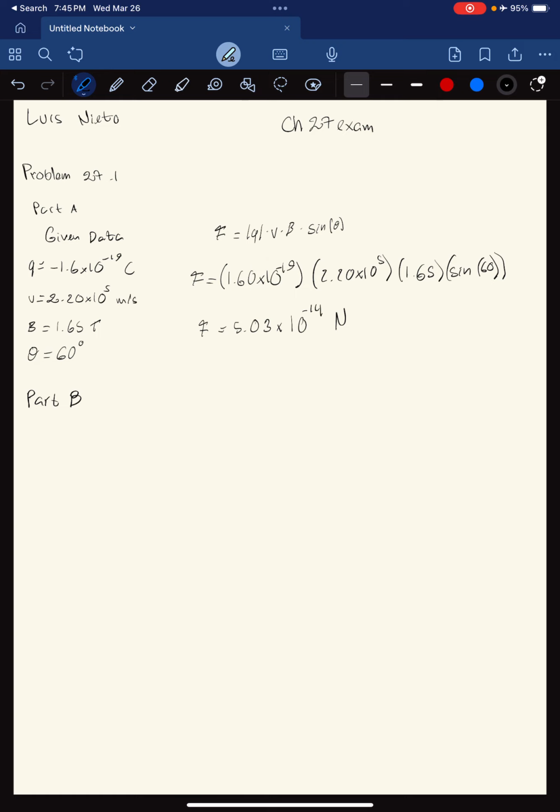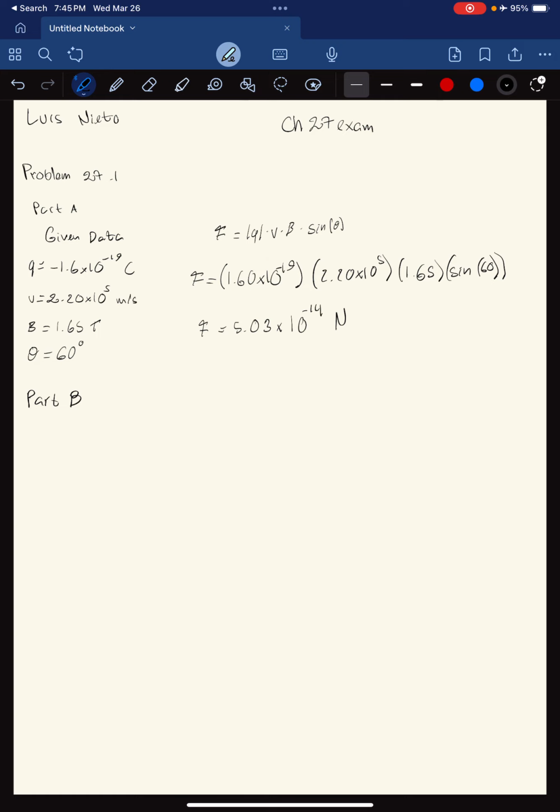With part B, we have to find the direction of the magnetic force on the electron described in part A. So we know the velocity lies in the xy plane, the magnetic field is in the positive y direction, and the charge is a negative electron. So we know the cross product of the velocity and the magnetic field gives a vector pointing in the positive z direction.